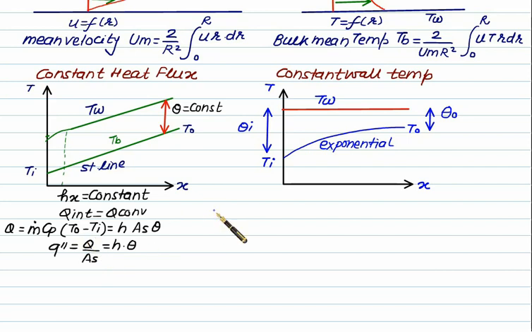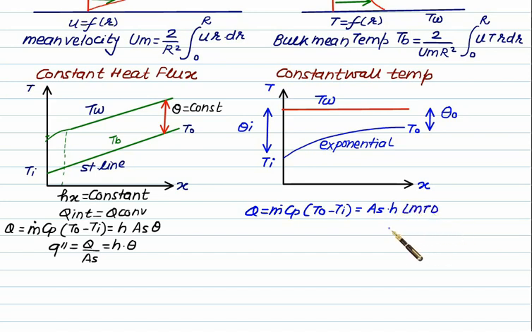So we have Q is equal to the rate of change of internal energy, which is m dot into Cp into (T0 minus Ti). Since here the temperature continuously varies, the heat transfer is given by As multiplied by h multiplied by LMTD, the log mean temperature difference.